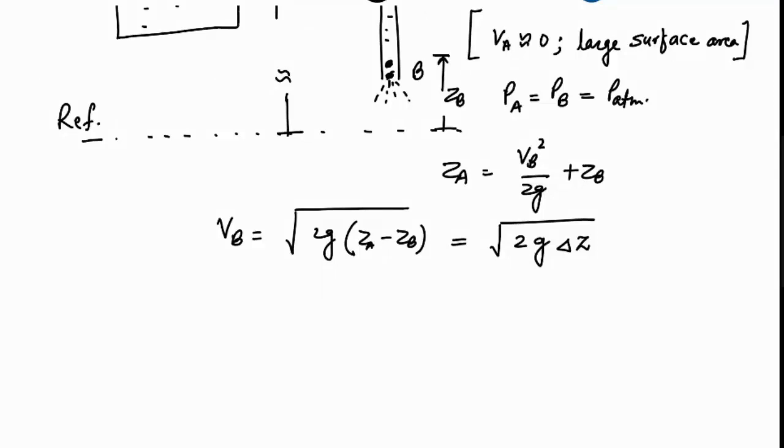So you see, the velocity at point B is created at the expense of head loss. Whatever the head loss between A and B, that results in velocity.